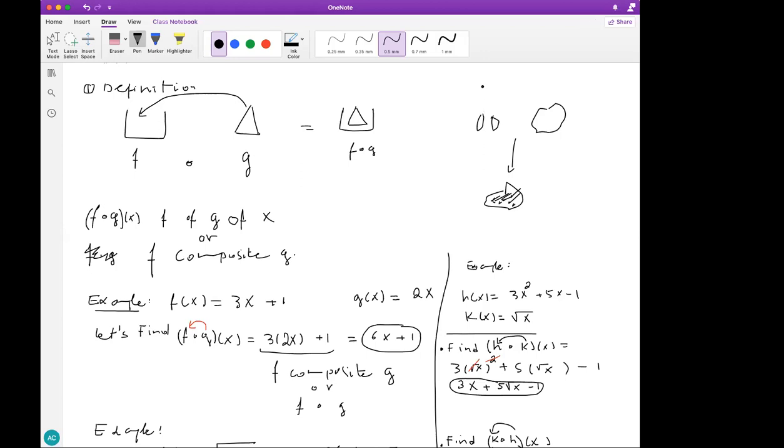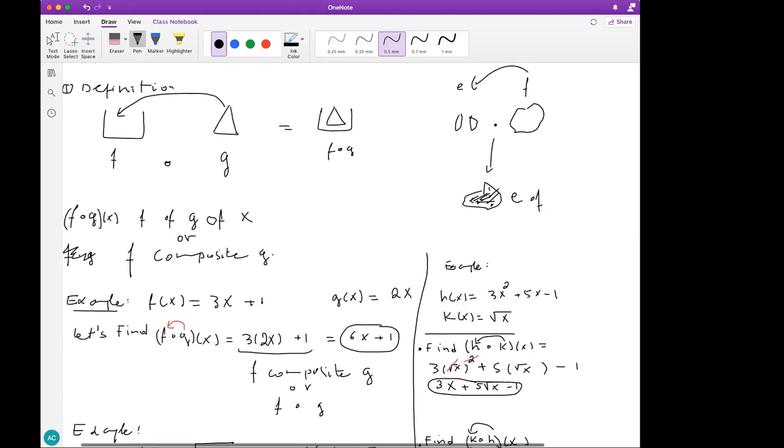If this was, say, eggs, and this was flour, so we put one into the other. For example, we put this into this and mix them up. So the result is E of F, eggs and flour together, they make a new mix or a dough for cookies, as I said.